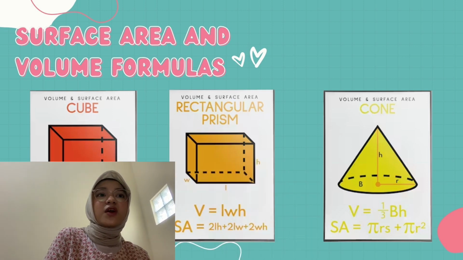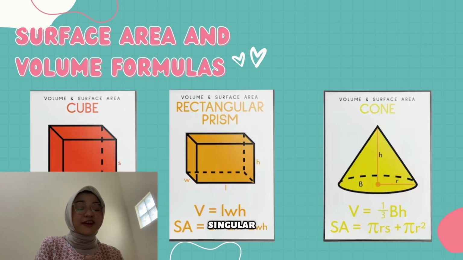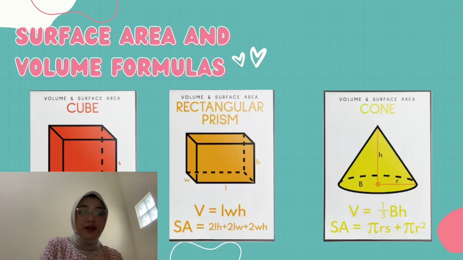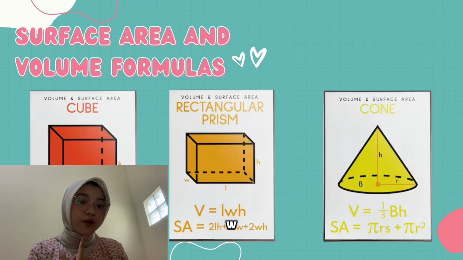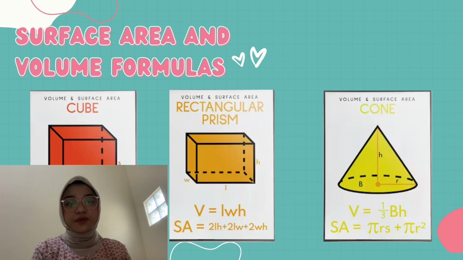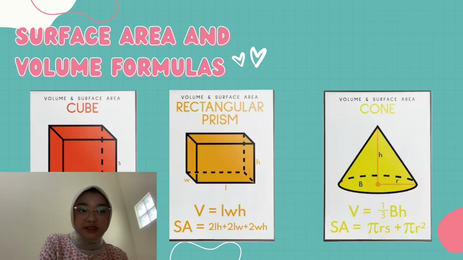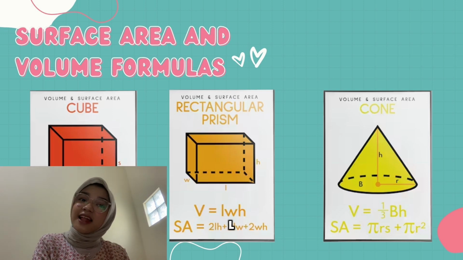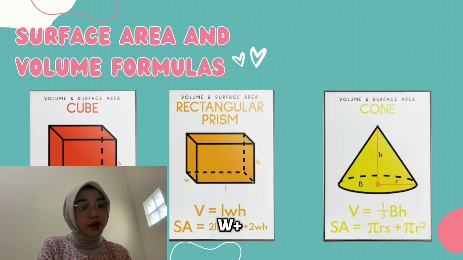Second, we have the rectangular prism. The rectangular prism has volume L times W times H and surface area 2 times L times H plus 2 times H times W plus 2 times W times L.